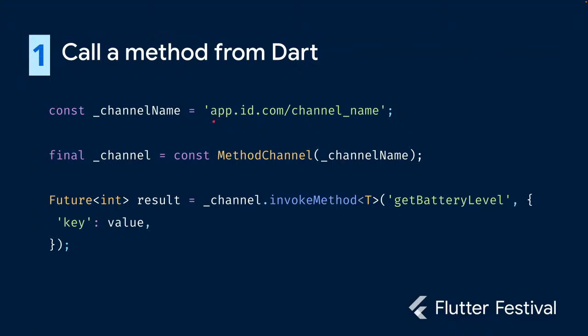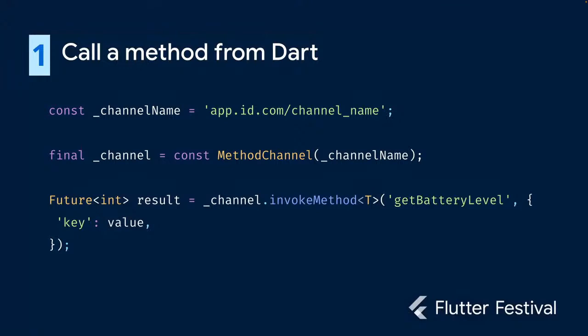Of course, we use packages, we use plugins in our applications, and most of these plugins talk to the native side. They already handle some native job for us, and they use channels as well. So that's why we put the application ID, as we have it on the iOS side or whatever, you choose an application ID that represents your domain, and then slash the channel name.